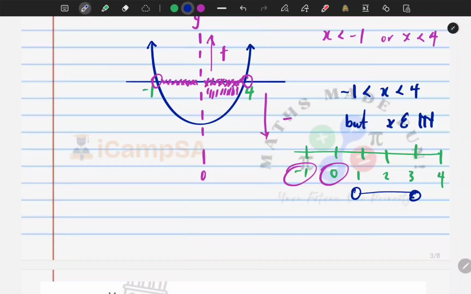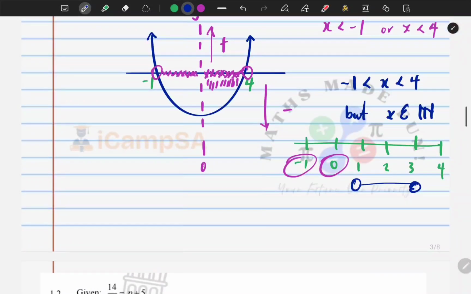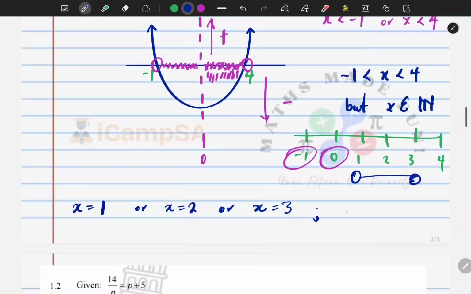So how we are going to write it is, we can either write it as x equals 1, or x equals 2, or x equals 3. Or another way is just saying x is an element of {1, 2, 3}.